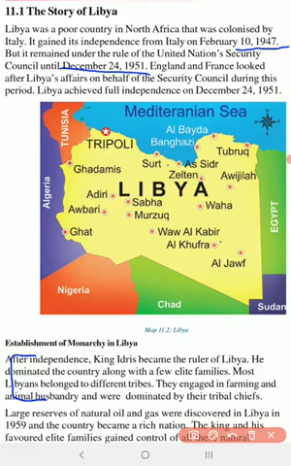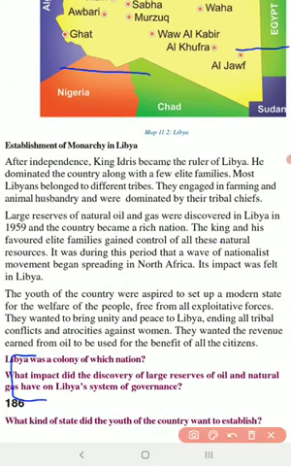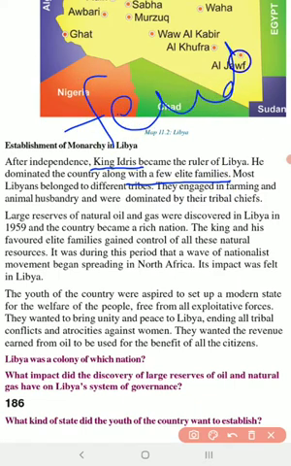Then what happened? Then we have the independence. After the independence, we have the rule of the king. The monarch who ruled Libya was King Idris. This king dominated the country along with a few elite families. So we call it feudalism.